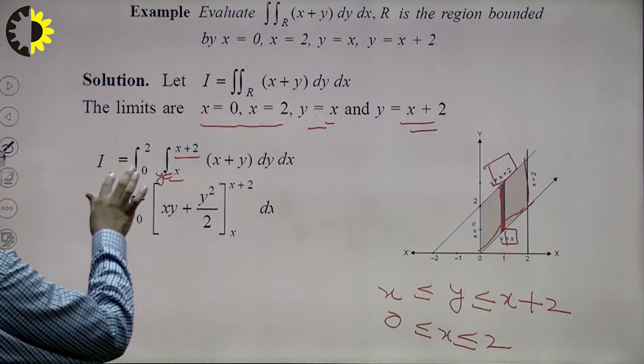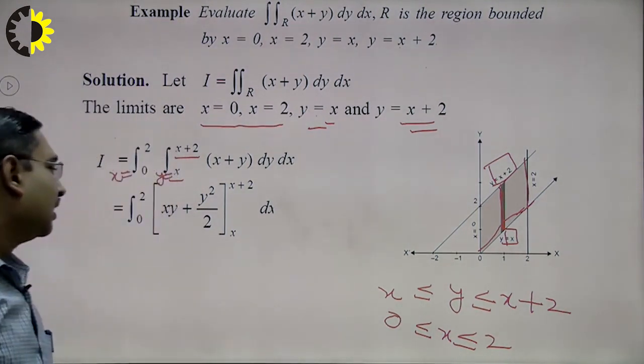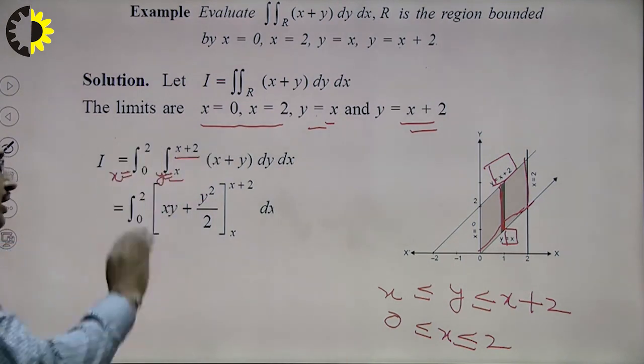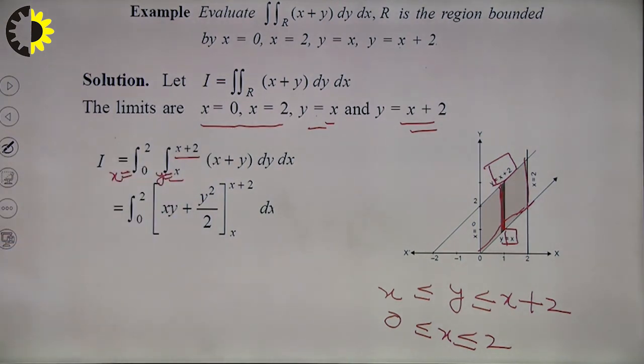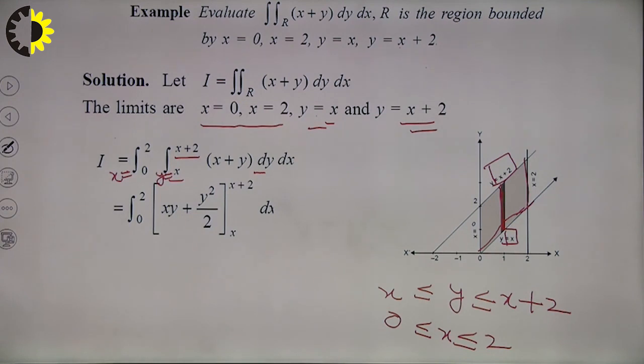The outermost limits are constant and they are limits of the remaining variable, that is x. Now we shall evaluate this integral. Because limits of y are occurring inside, we shall integrate with respect to y first, and for this x will be treated as constant.